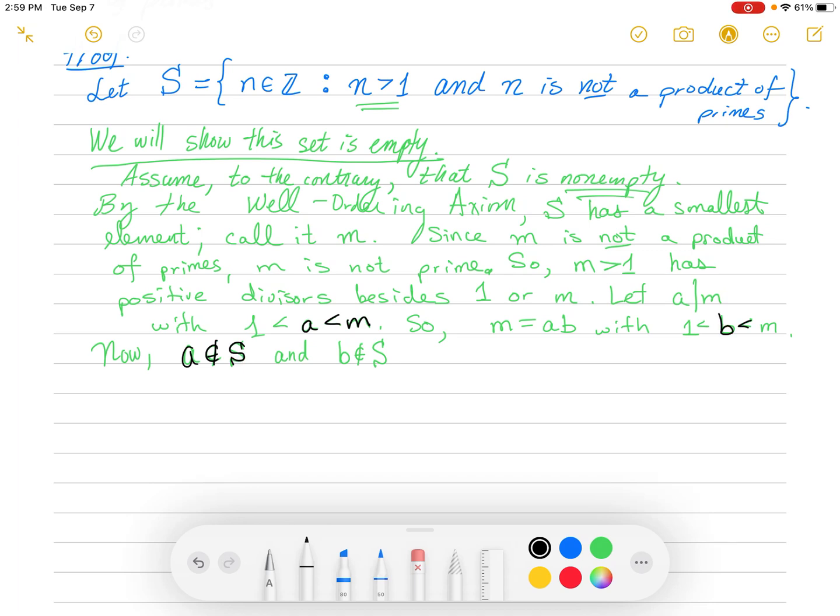Also look at B, right? B is less than M, and M was the smallest element of S, so B cannot be smaller than the smallest element, so B cannot be in S as well.